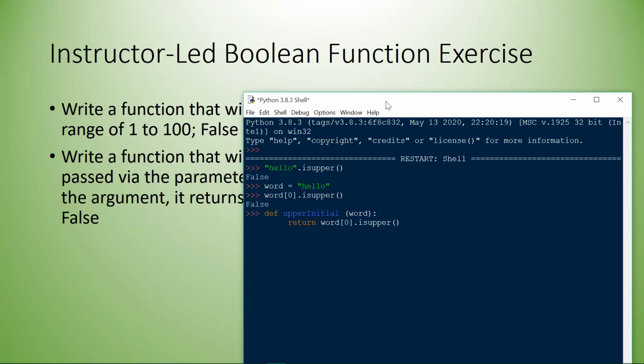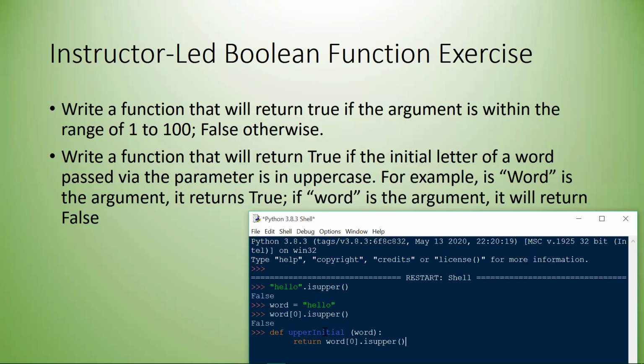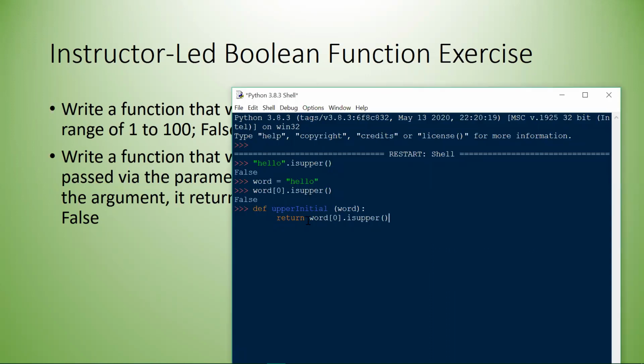Actually, now that we know there is a function, isupper, this function becomes obsolete. It becomes meaningless because you actually have a function to do that, right? But we utilize that function. So now we can say upperInitial, give it a word. Hello.